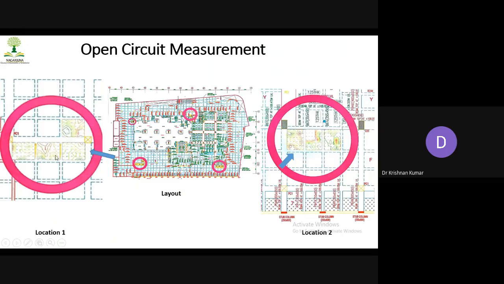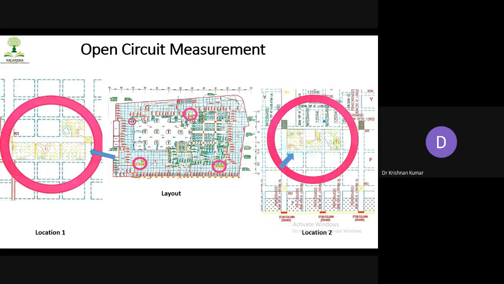Again you are seeing that we compared open circuit potentials. The mapping is done, and it shows the negative potential in this direction, so the water is flowing from here to here. Here also the same thing, from this side to this side. Then we checked and found that above the basement there is a water plant, a fountain.